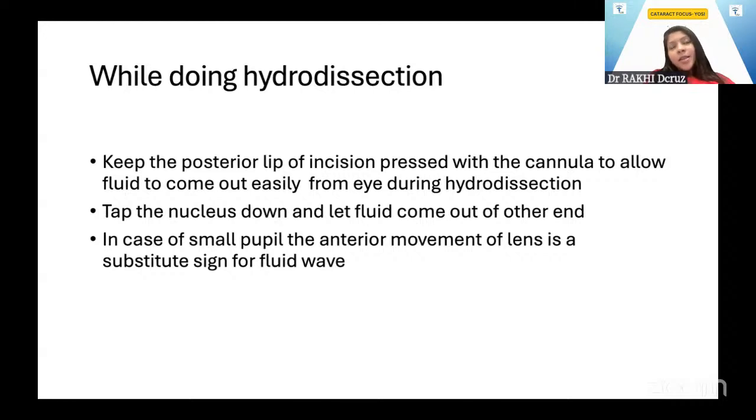But there are certain steps like hydrodissection which make phaco much easier. If you do a very good cortical cleaving hydrodissection and a good rotation of the nucleus, the rest of the steps of the phaco, like the cortex removal and the quadrantic removal, come very easily and it's very time saving. So try to understand these basic steps and practice.